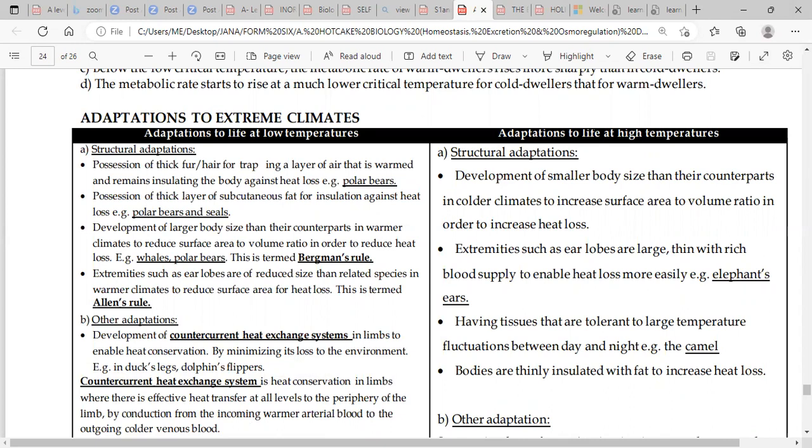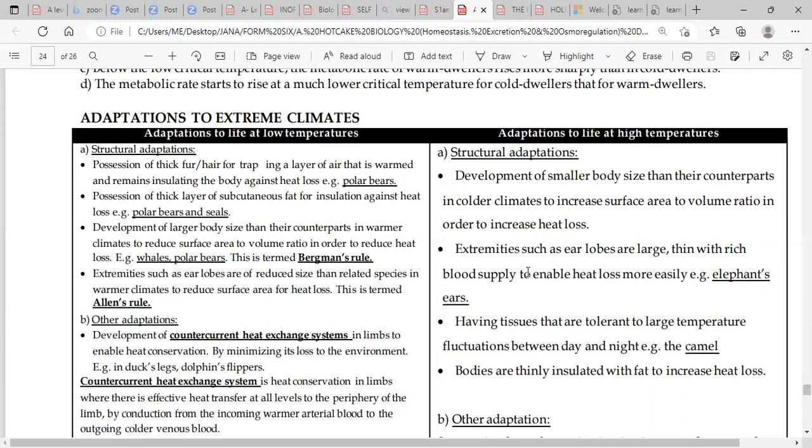And that is why we say that small mammals or small individuals tend to consume a lot. Their extremities, like the earlobes, are large, thin, with rich blood supply to enable heat loss more easily, such as the elephant's ears.